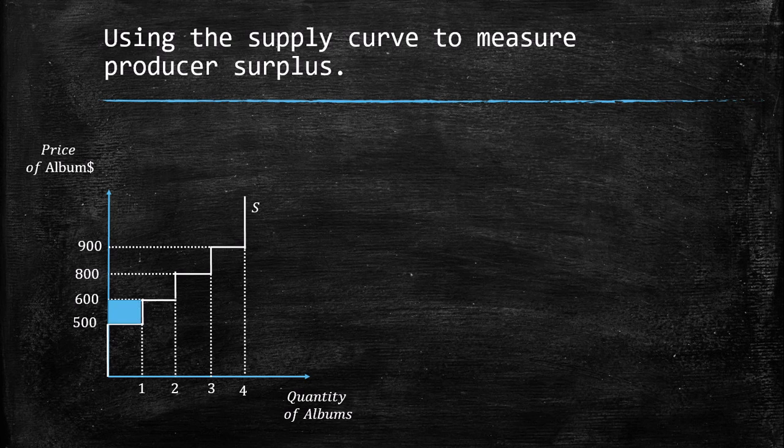This is the grandma's producer surplus, because she can paint a house for 500, but if they offer her 600, she will have a surplus of 100.